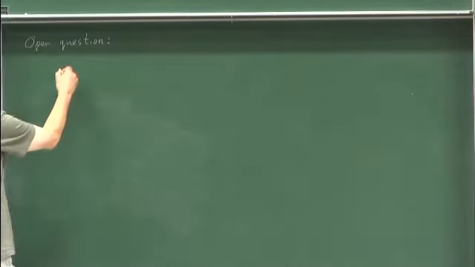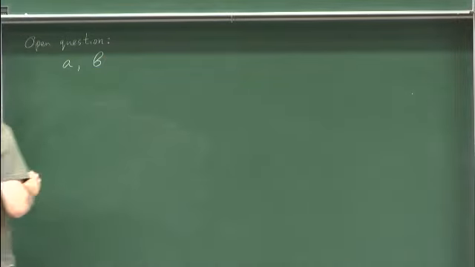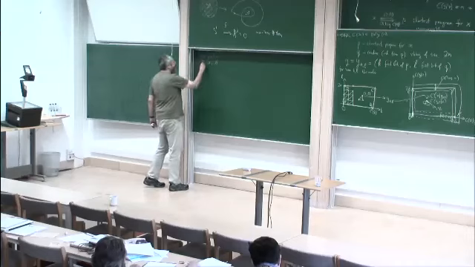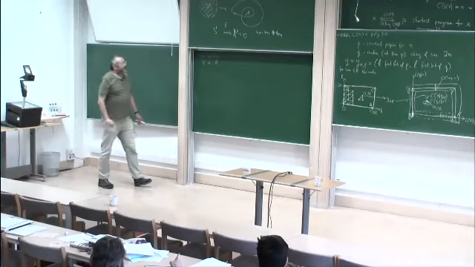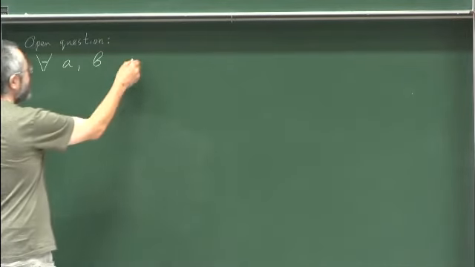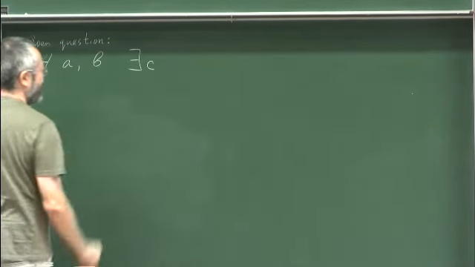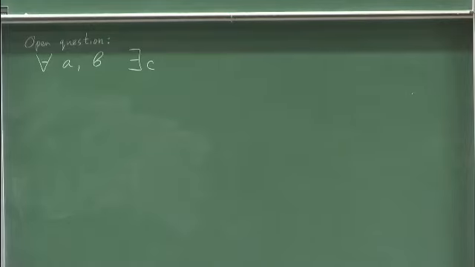So imagine we have any strings a and b. For every a and b, there exists some oracle, some string actually, not an oracle in the classical sense, some string c, which halves their complexity.